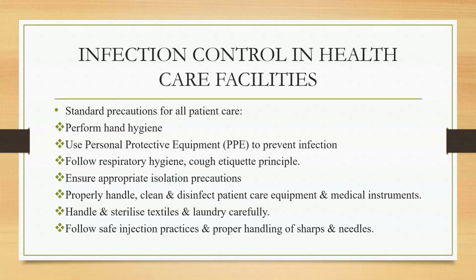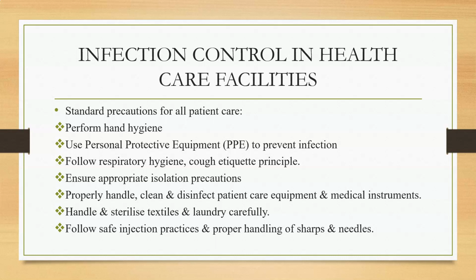Particularly for infection control in healthcare facilities, we have seen that more nosocomial infections can occur. Healthcare personnel can prevent this by following the standard precautions for all patient care. Perform hand hygiene before and after procedures. Use personal protective equipment to prevent infection.